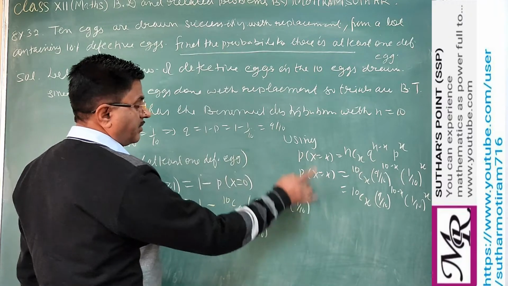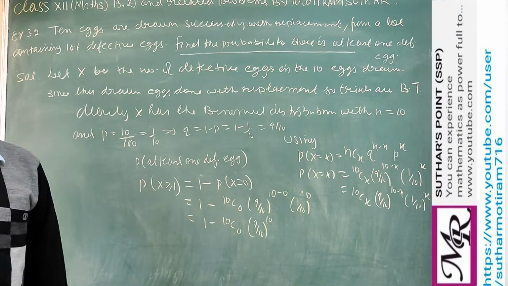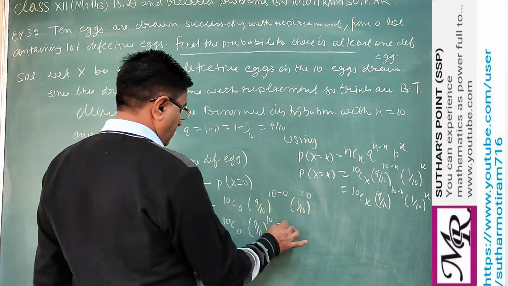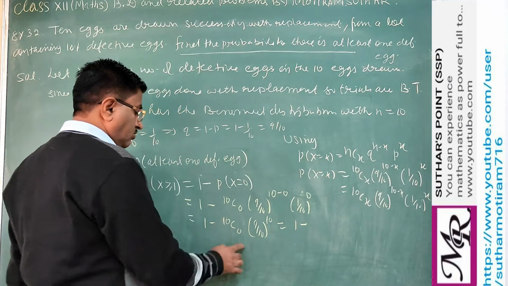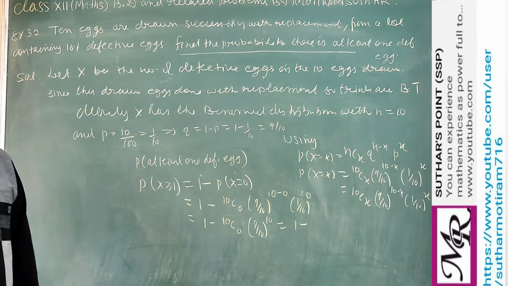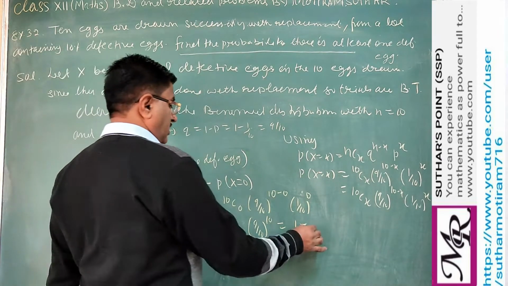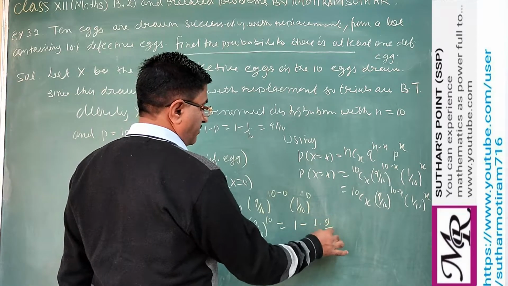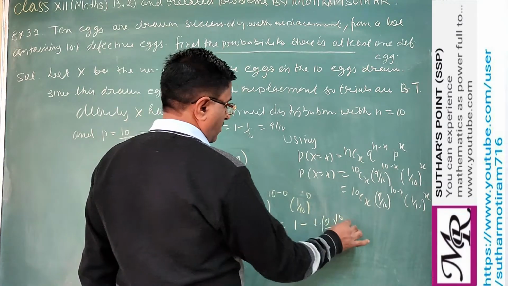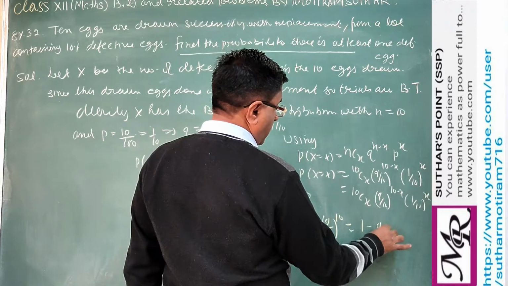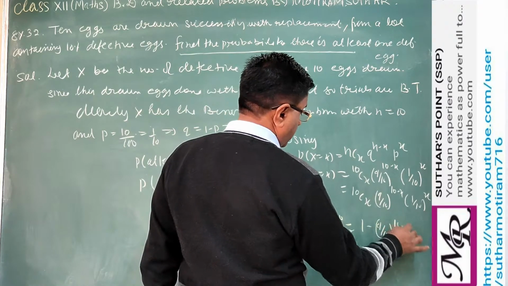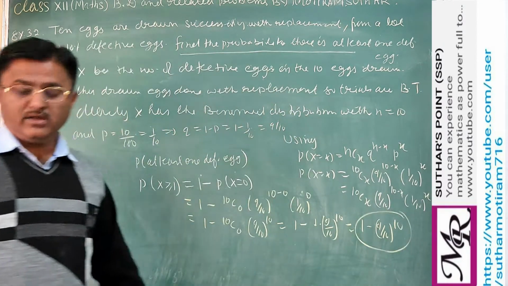Now (1 by 10) power 0 is 1, no need to write, and you know that 10C0 is 1. So 1 minus 1 into (9 by 10) power 10, or 1 minus (9 by 10) power 10. So this is the required answer.